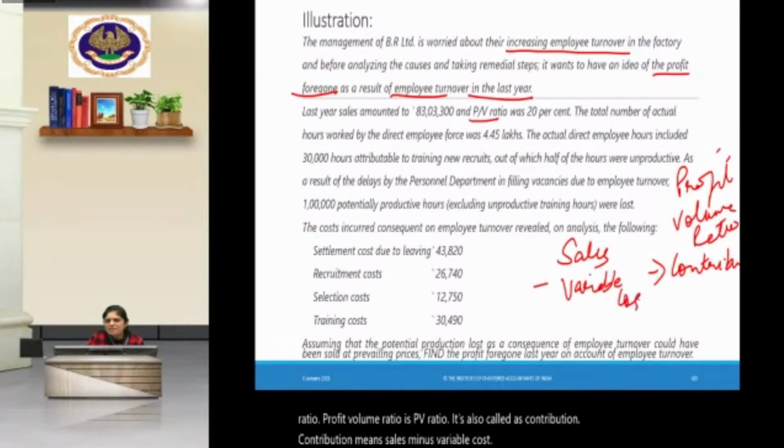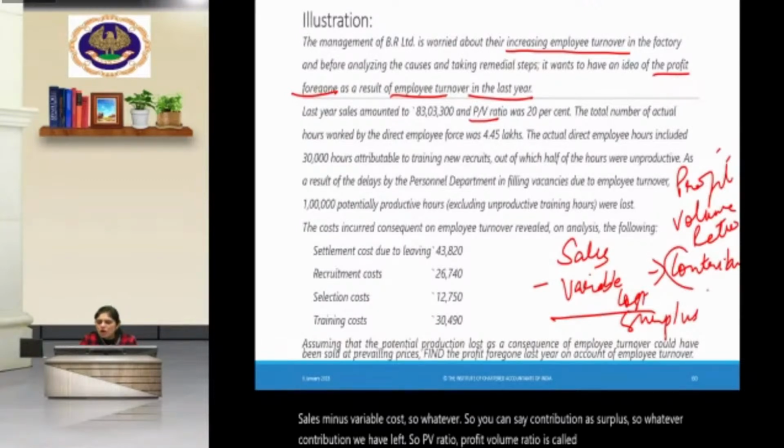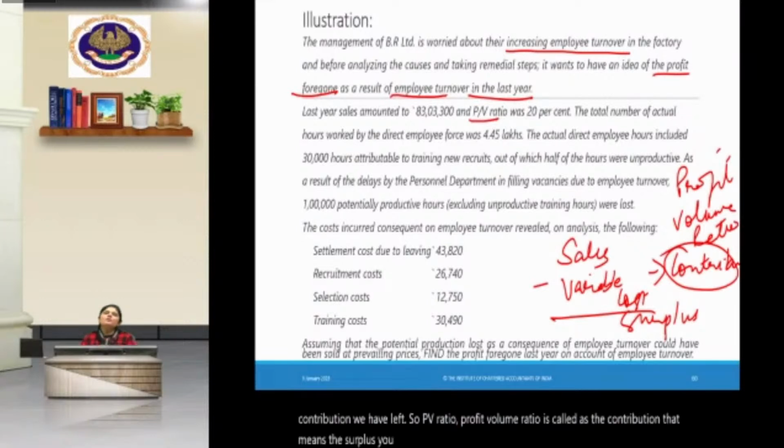So you can say contribution is surplus. Whatever contribution we have left, profit volume ratio is called the contribution. That means the surplus you get after you deduct the variable cost from the sales. Whatever surplus you are left with after you deduct the cost, that is your contribution or your profit.